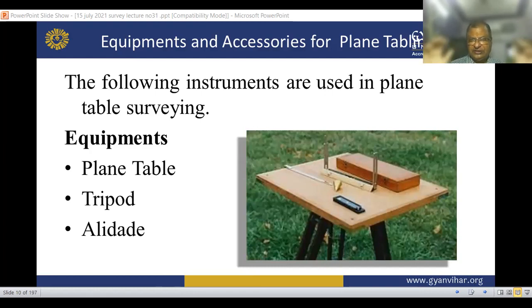The following instruments are used in plane table surveying. Say, this is the plane table. This is the tripod, and this is the alidade.